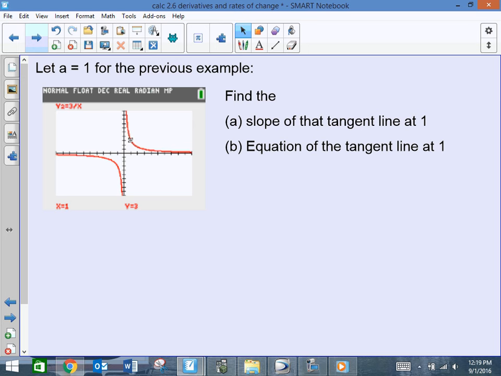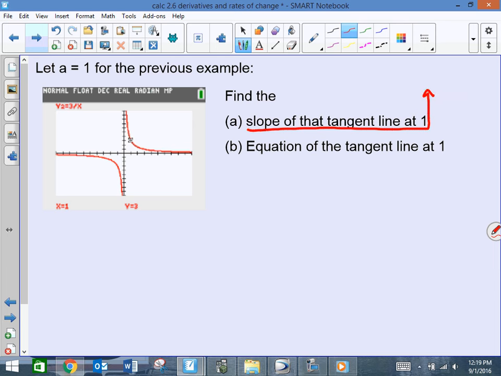All right. Now, let A equal 1 for the previous example. Remember, the slope of that tangent line was generically, from the last page, negative 3 over A squared. Okay, well, if A is 1, we should be able to plug in A equals 1, and what do we get?